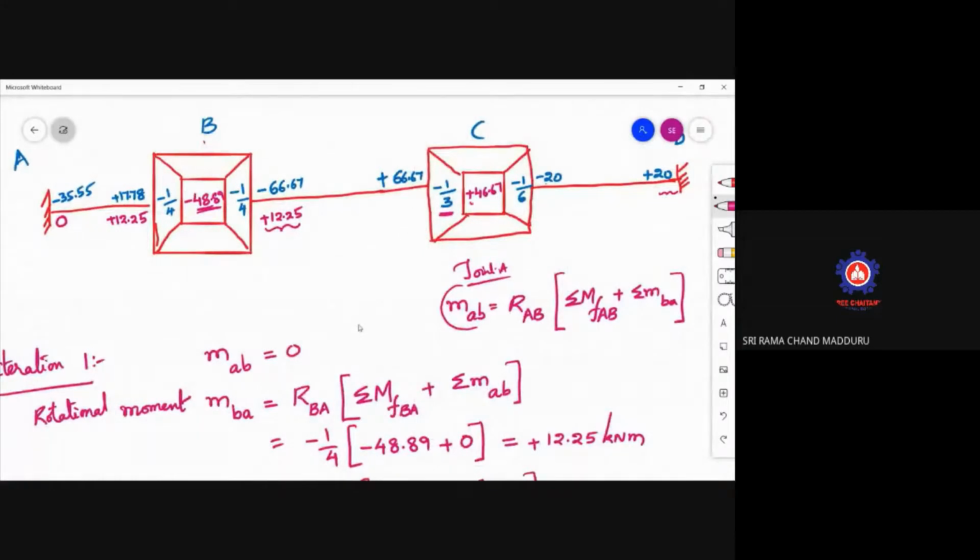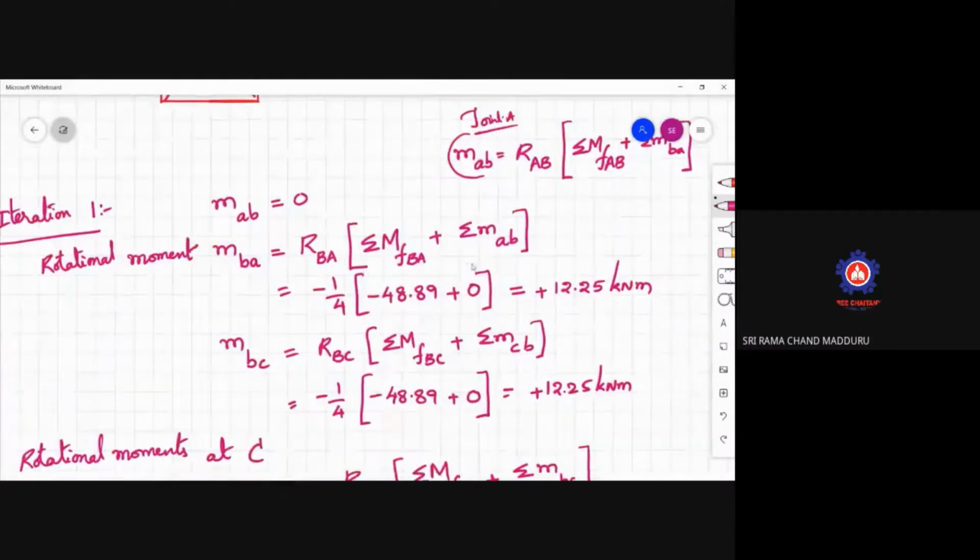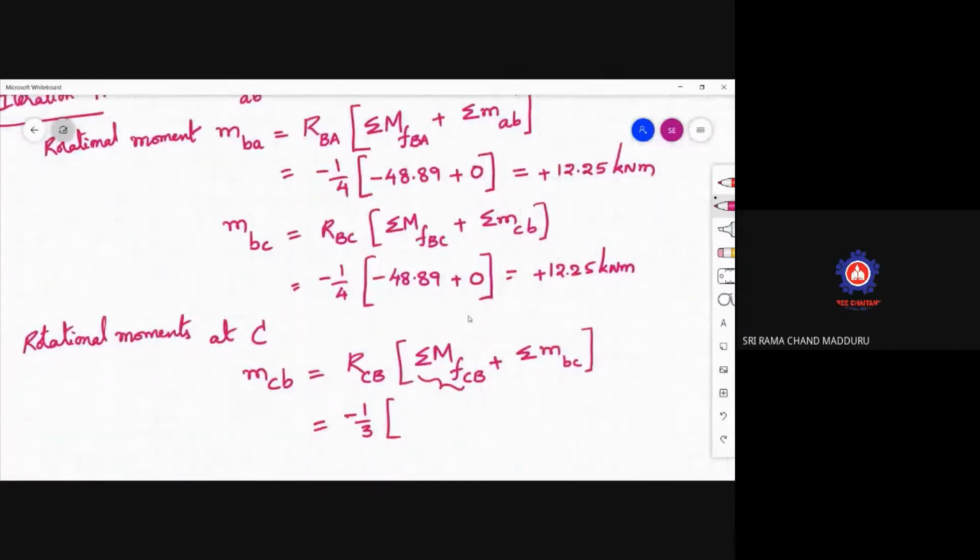Whatever you have written, you can simply write sigma MFBA or sigma MFBC or sigma MFCB. Instead of writing sigma MFCB, I can replace it with MFC for simplicity. Why?